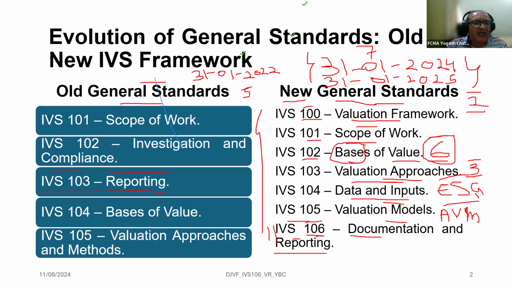So probably a logical answer to that is provided in the new general standard. This is the order of activity we need to follow in all our valuation assignments. Any valuation assignment will commence with the valuation framework, going through the guidance on it, then finalization of the scope of work, choice of basis of value, choice of valuation approach and method, collection of data and inputs required for valuation, then use of a valuation model, whether automated or manual, and finally the preparation of documents, finalization of the valuation reporting and retention of the valuation documents.